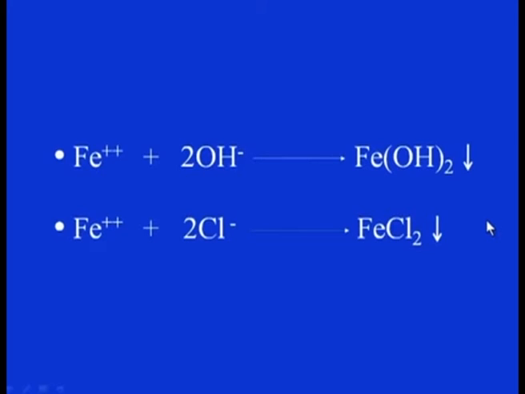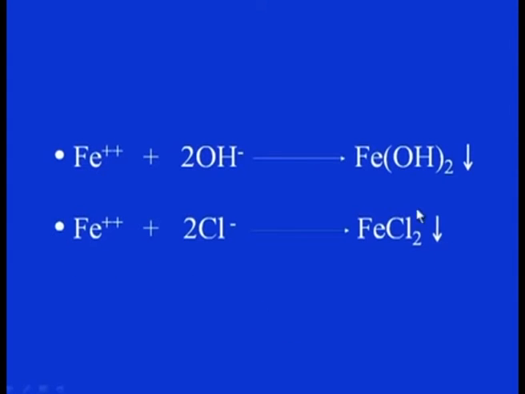Similarly, chlorine ions that are present in the sodium chloride solution as part of the dissociation of sodium chloride will form ferric chloride with iron ions, which are positively charged.